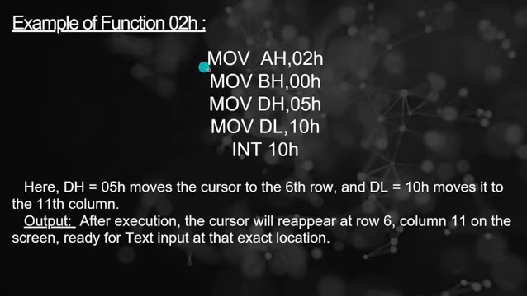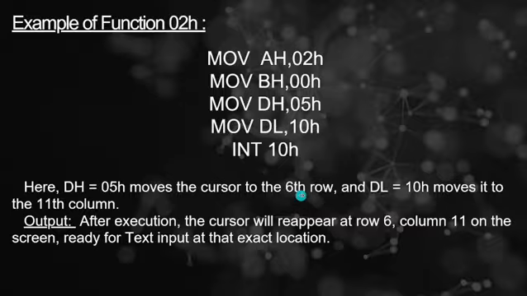Let us move towards the example now. First we are selecting this function. BH is equal to 00h means we are using the first page. I have already mentioned that BH is usually 0. DH is equal to 05h and DL is equal to 10h. Here DH equal to 05h moves the cursor to the sixth row, because rows start from 0.